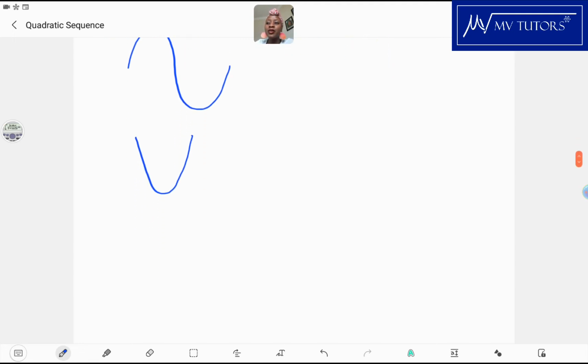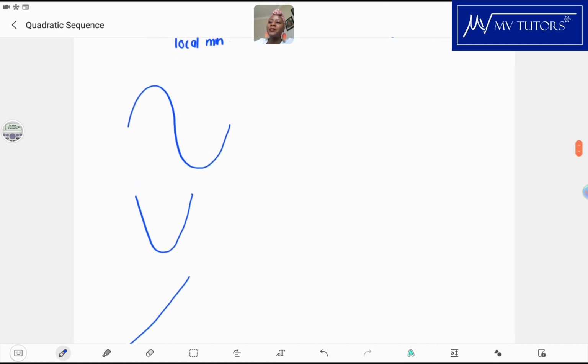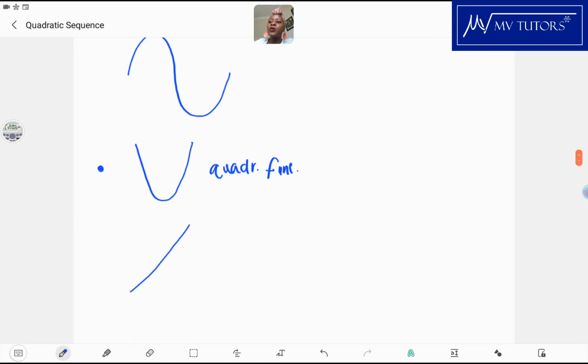If you were to get the derivative of a quadratic function, you would get a straight line. So just looking here, basically, this is your quadratic function, and that would be your linear function.